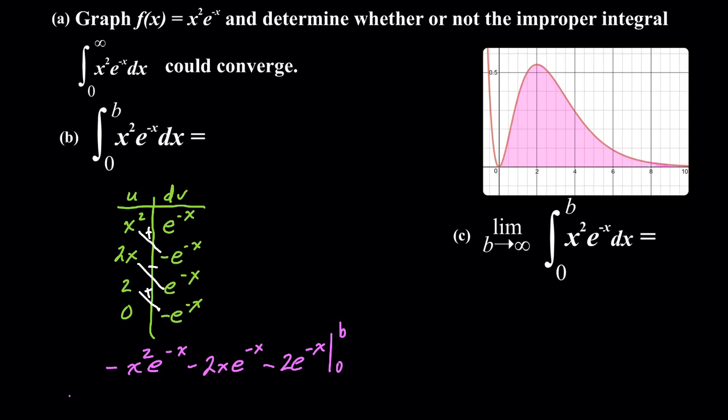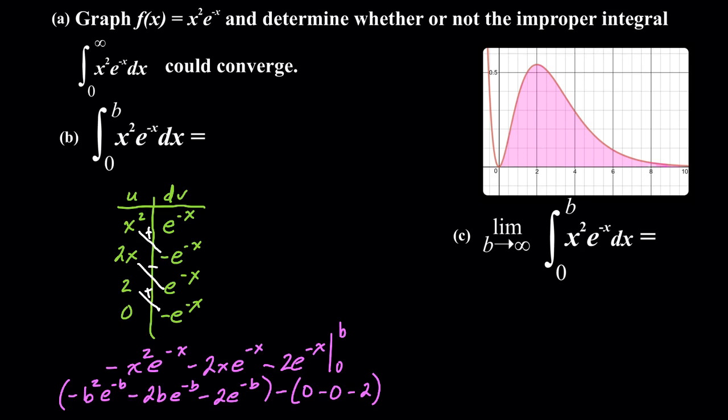So that's going to give us negative b squared e to the negative b, minus 2b e to the negative b, minus 2e to the negative b, minus, and then your first term will be 0, minus 0, minus 2e to the negative 0, which is 2.